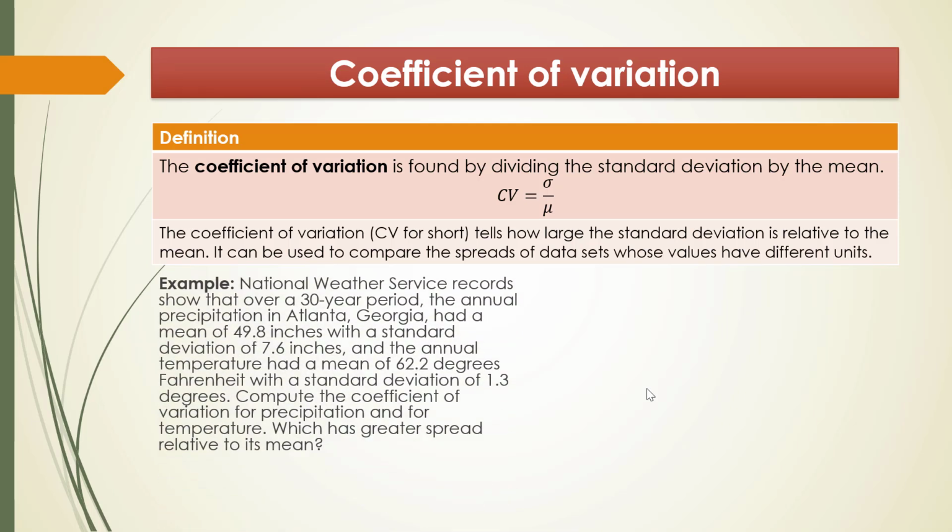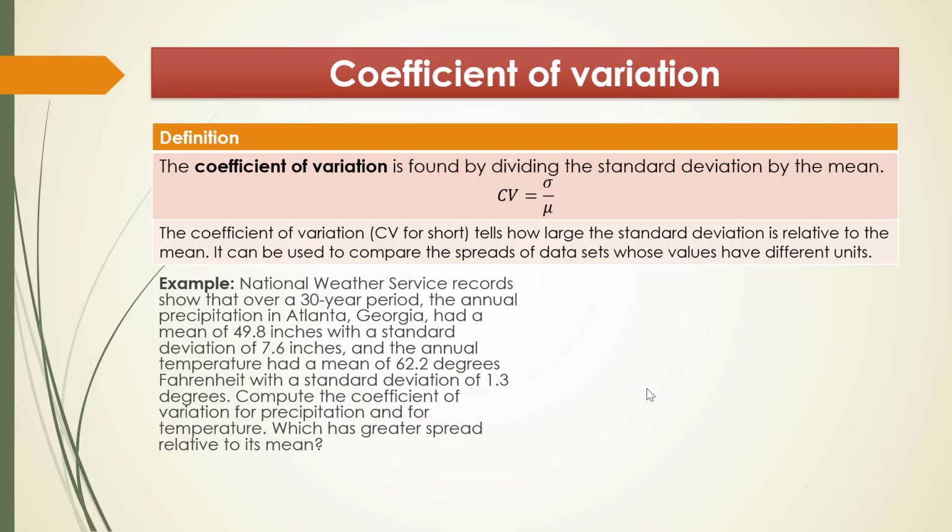For example, National Weather Service records show that over a 30-year period, the annual precipitation in Atlanta, Georgia, had a mean of 49.8 inches with a standard deviation of 7.6 inches, and the annual temperature had a mean of 62.2 degrees Fahrenheit with a standard deviation of 1.3 degrees.